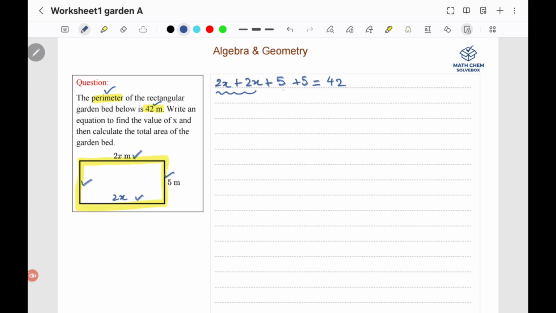Now we will combine the like terms. So 2x plus 2x equals 4x, and 5 plus 5 is 10, which equals 42.